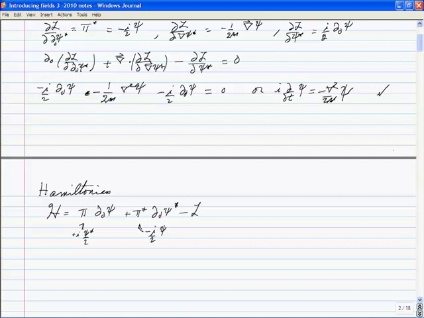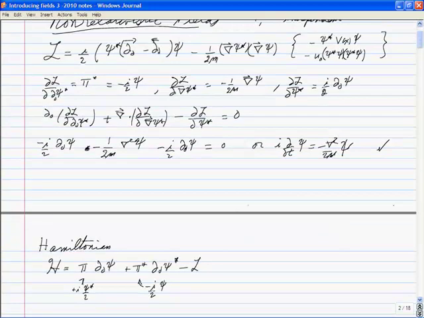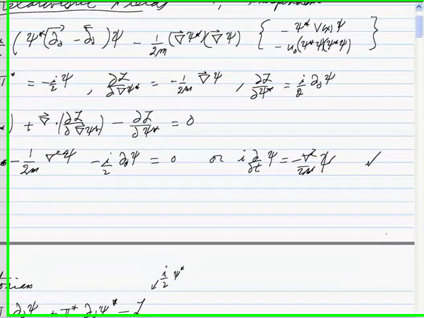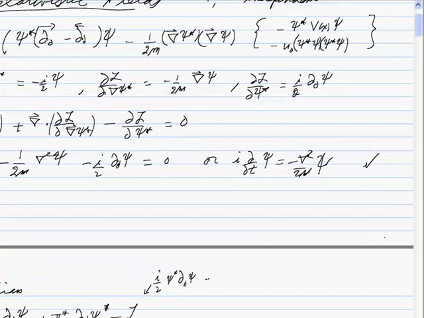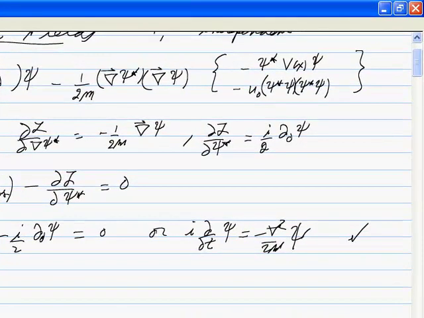And the Lagrangian started off with, there we go, this guy starts off with i over 2 psi star d0 psi, etc. The point of looking at this is that the linear terms disappear.